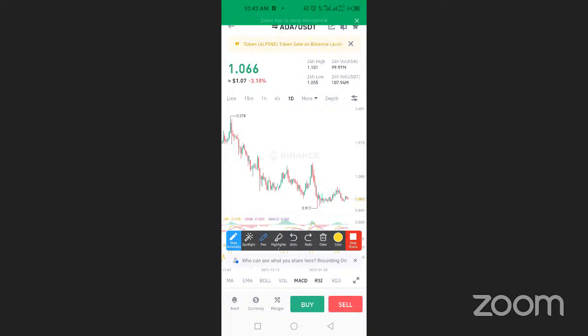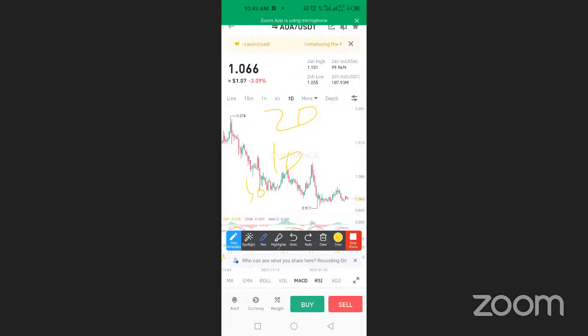So imagine somebody buying this coin at $1 now, at 1.066. You bought it now, maybe $10 worth, that is like 10 ADA, and then it goes to $20. You can now imagine the profit that you'll be making. You understand? So these are the things that we are talking about.